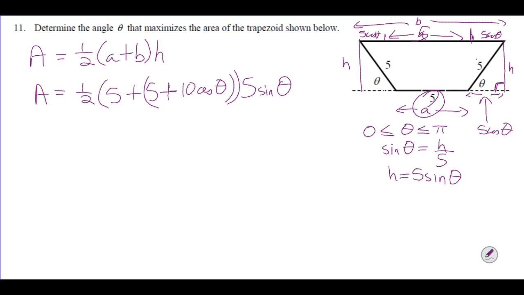Now we only have one variable, theta, which we're going to maximize. So what do we get? 10 plus 10 cos theta, and 1/2 of that is 5 plus 5 cos theta. So it'd be 5/2 sine theta times 10 plus 10 cos theta.